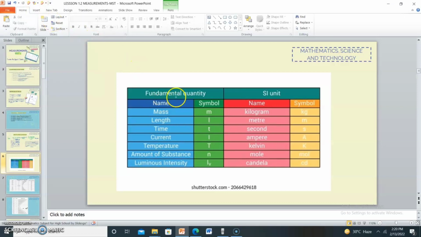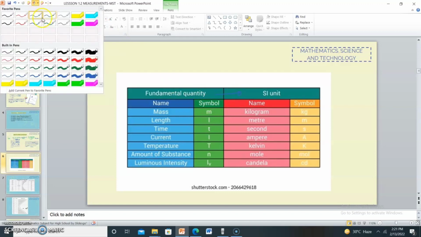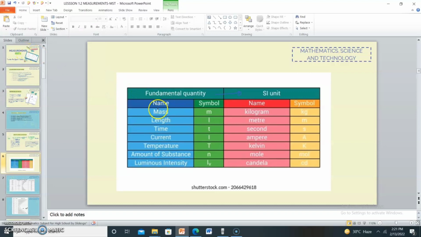These are examples of fundamental quantities and their SI units. In mass, the symbol is M, and the SI unit to be used is kilogram. In length, the symbol is L, the SI unit is meter, symbol m.